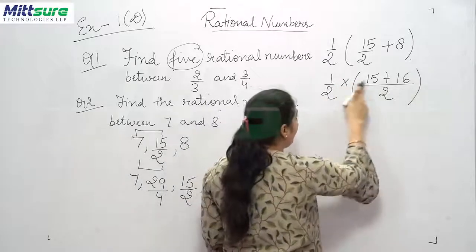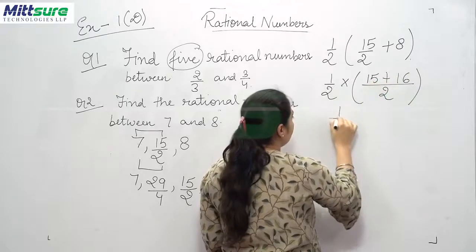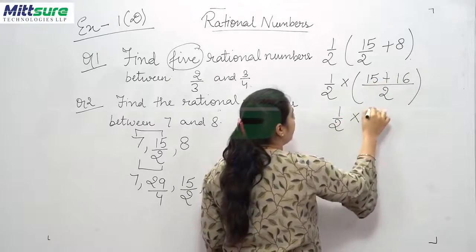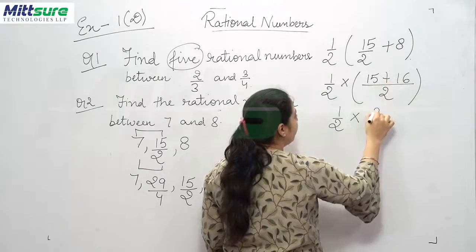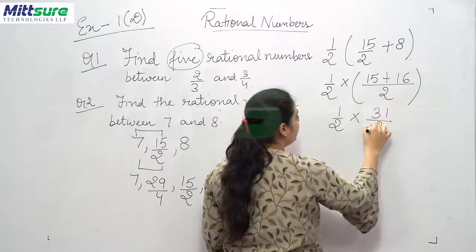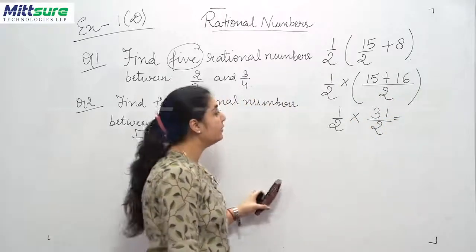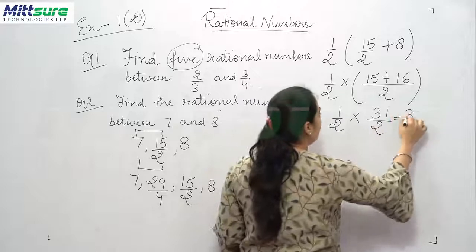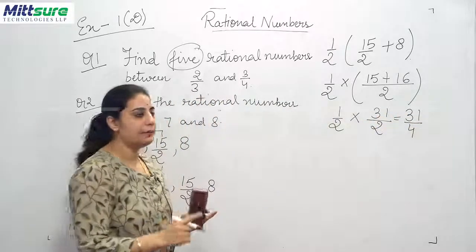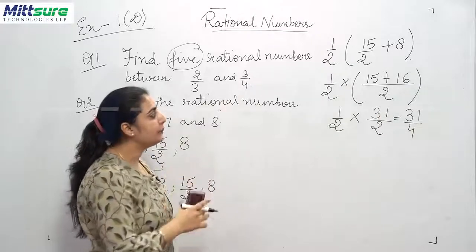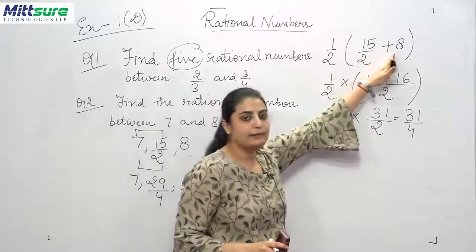Now what do I get here? When I add 15 and 16 together, they give 31 upon 2. So after multiplying 31 upon 2 with 1 upon 2, you get 31 upon 4. So this is another rational number, another midline number which you have got, which is present between 15 upon 2 and 8.